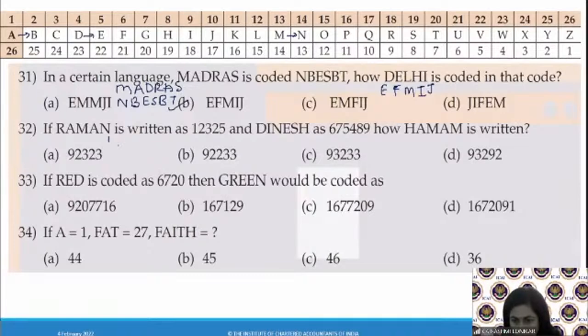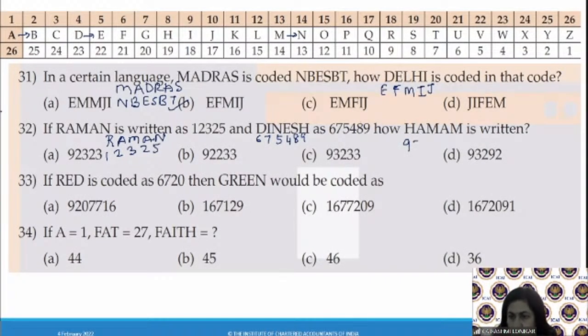Now RAMAN is 1, 2, 3, 2, 5. And for Dinesh, it is 6, 7, 5, 4, 8, 9. I need H. What is the number assigned to H? H is 9. A is 2.